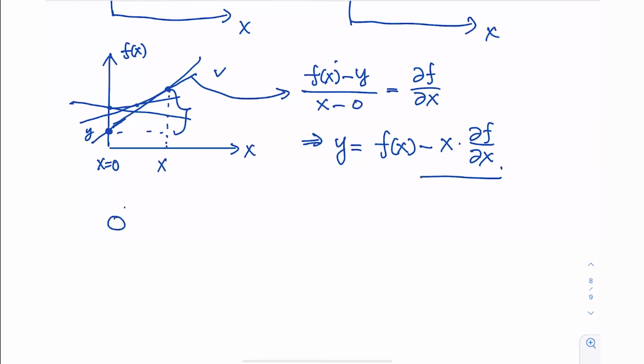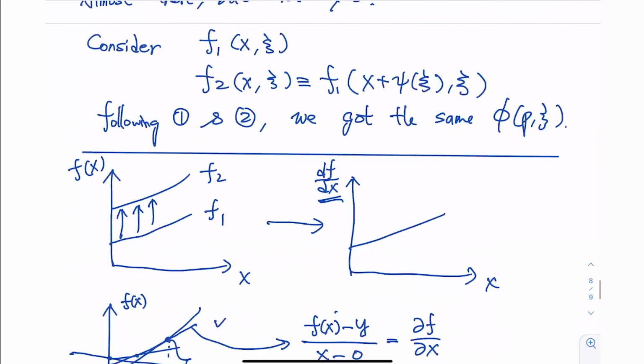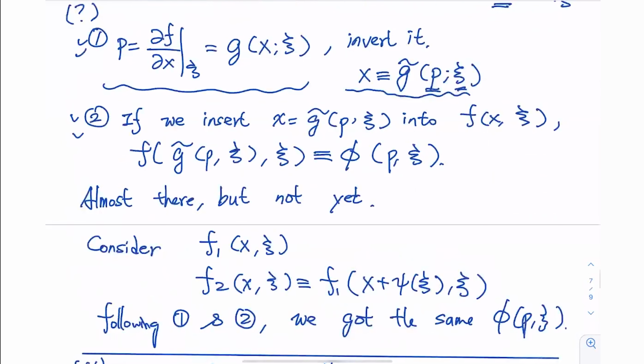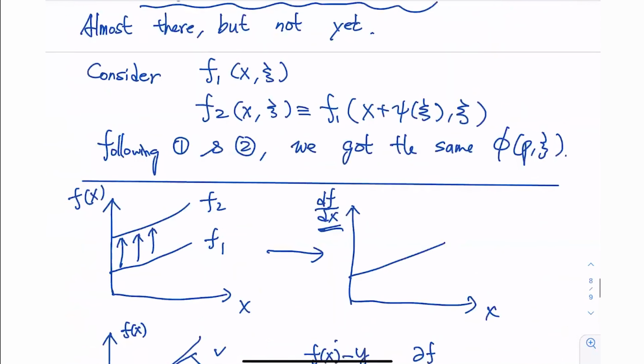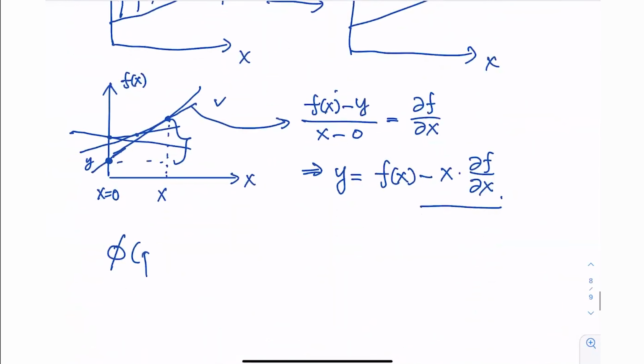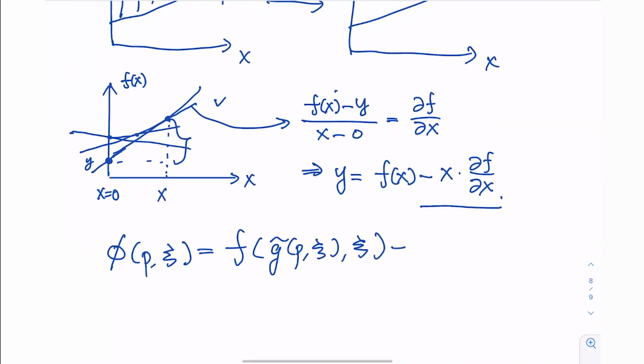Similarly, if you take this idea and try to use that to improve our previous step 1 and step 2, we already almost get the results, but the correction that we should put in is that in addition to expressing your function using this inverted relation, you need to subtract this term, which is just like the x in this expression.